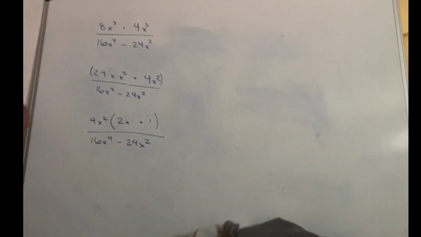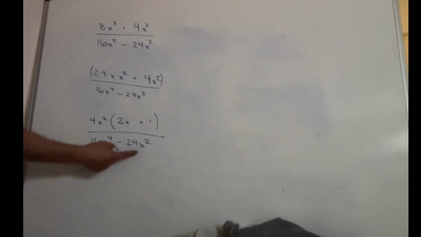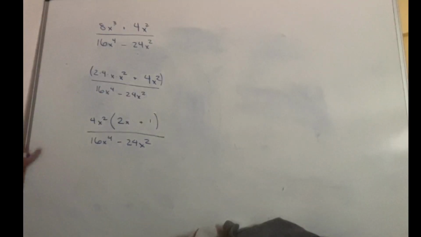What about x to the fourth and x squared? Well, x to the fourth is the same thing as saying x squared times x squared. So I could take out an x squared from here, and I could also take out an x squared from here. So let's do that. To recap, I'm taking out an 8x squared from both of them.